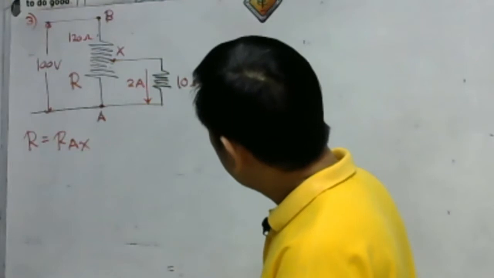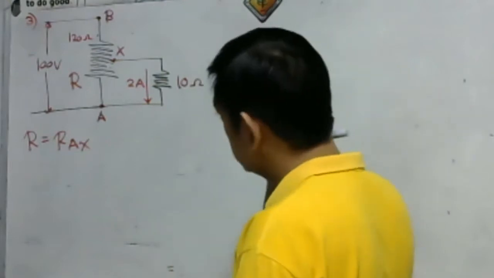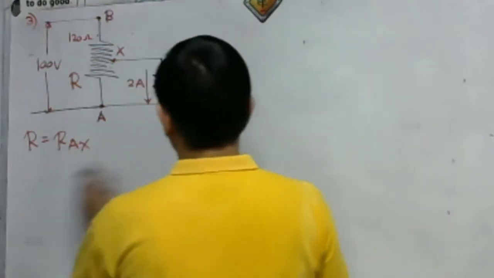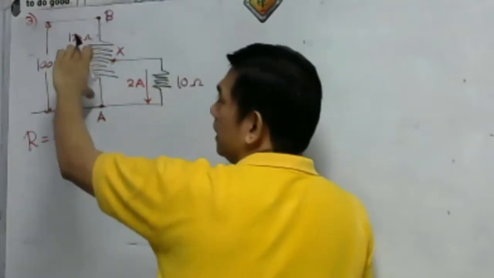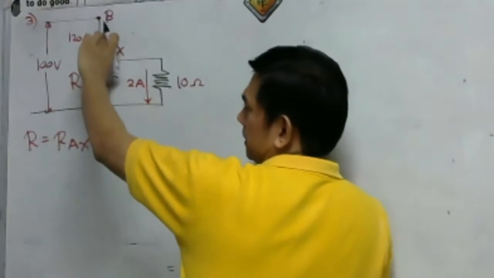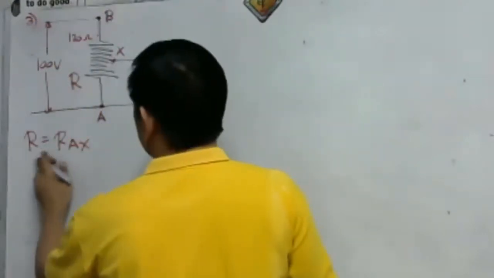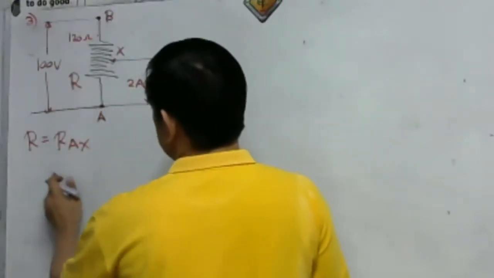So we have here a 120 ohm potential divider. This is a variable resistance, no?